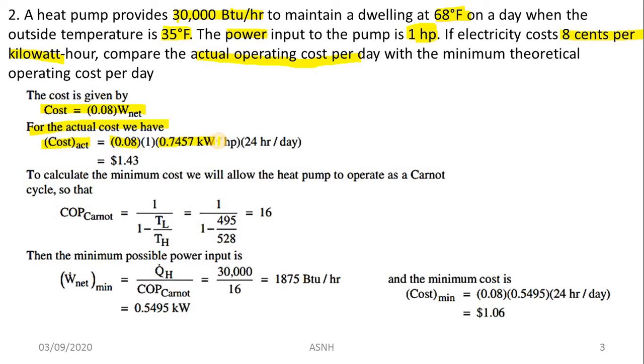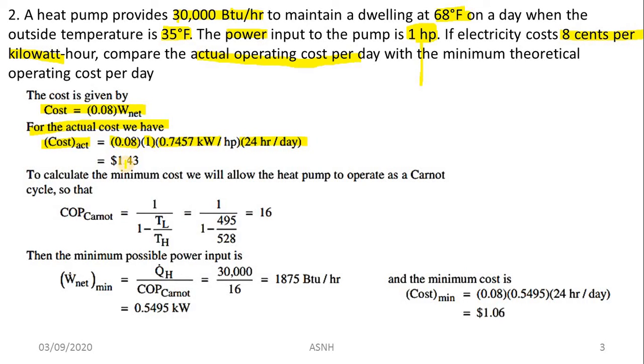Then there is another multiplication factor, around 0.7457, in order to convert HP into kilowatt. In the numerical the power is given as around 1 HP, so I put that value. To convert it into kilowatt, I multiply by 0.7457, and we want to calculate for 24 hours per day.